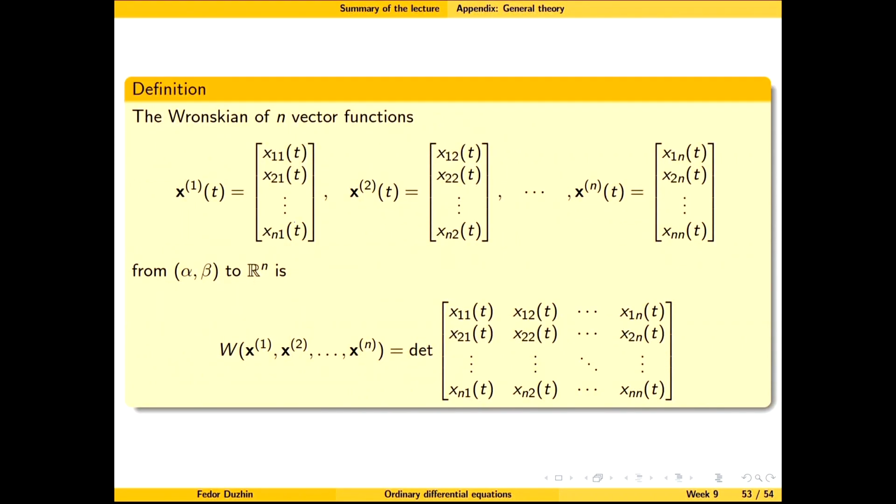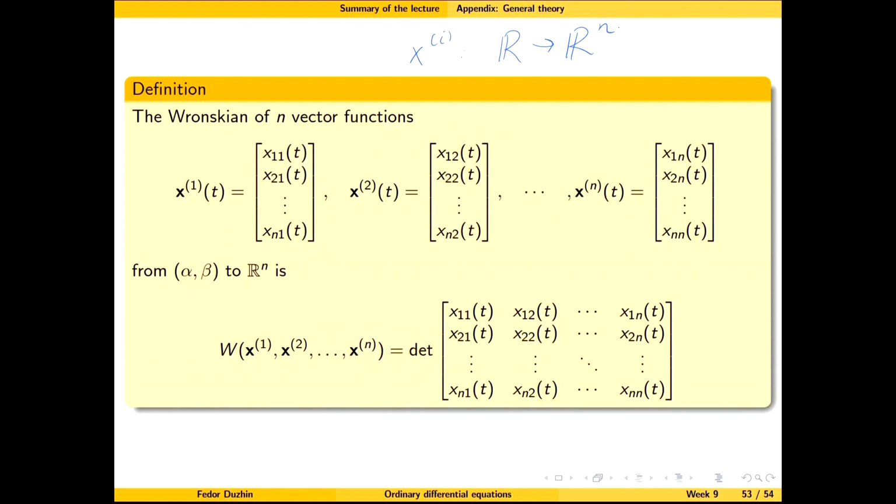And then if we have n vector functions, each of them is a function from R to Rn. So let me write it so that xi is a function from R to Rn, right? So the dimension of the vector is the same as the number of functions.